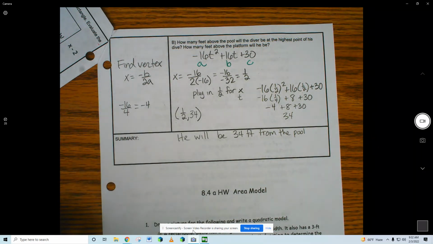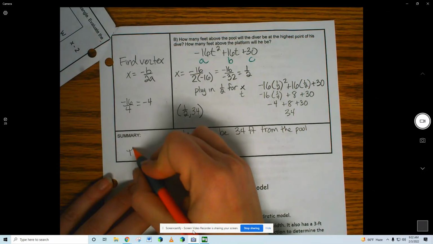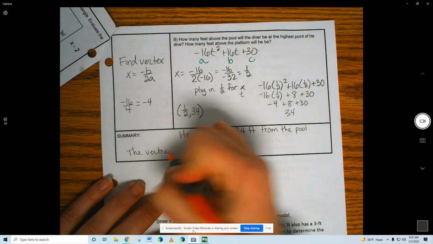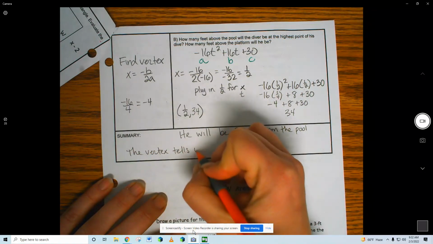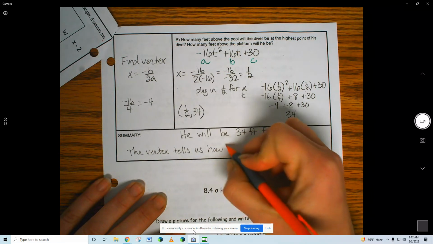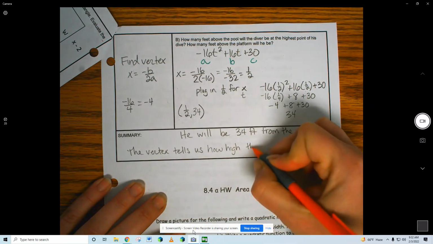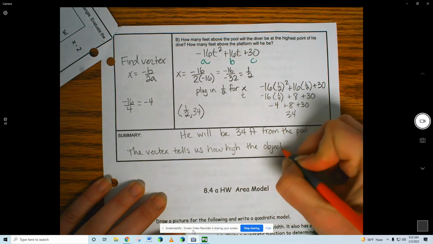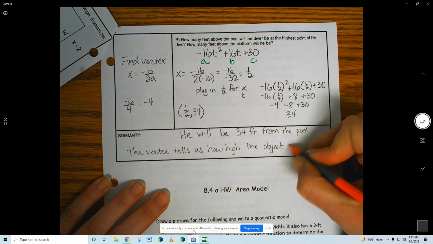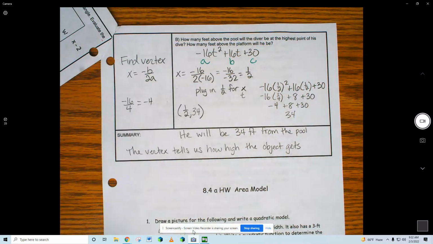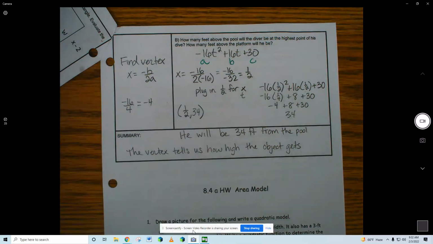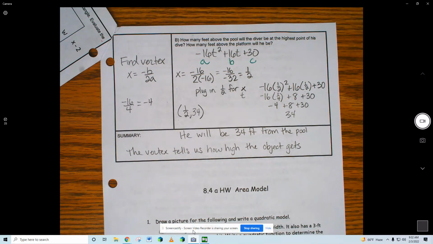Okay, the vertex tells us how high the object gets, whether it's a ball, whether it's a person, whatever it is that you're throwing.